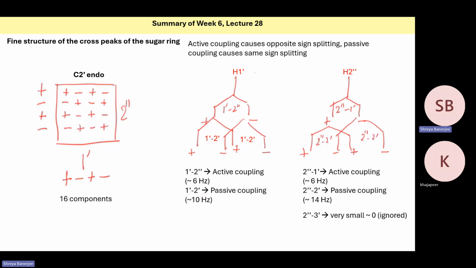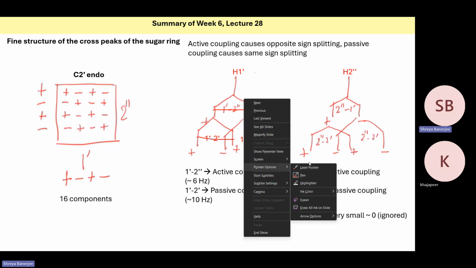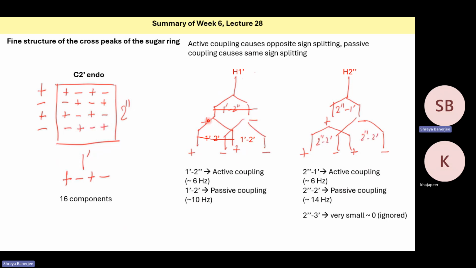So compared to this distance, which was 6 hertz, this distance is 10 hertz. So when you have the second coupling as greater, the lines will cross each other like this. And because 1 prime 2 prime is passive coupling, we are not looking at it directly, the splitting will have the same sign. So plus will split into plus, minus will split into minus. So the components of 1 prime are plus minus plus minus. That is what is written here.